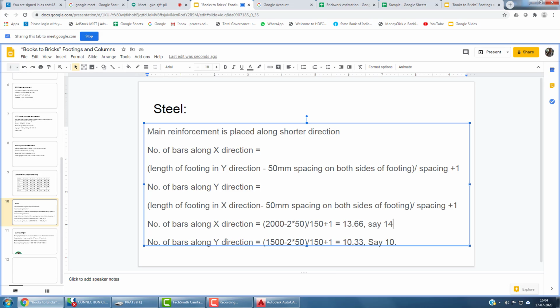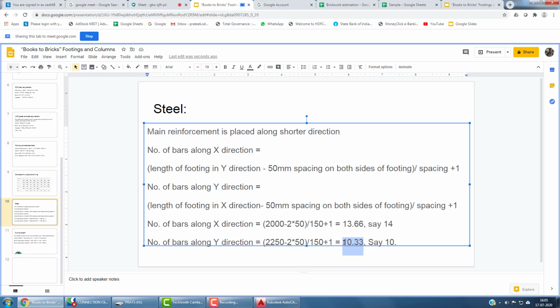Now, next, number of bars in Y direction. You have to remember in your head that when I am coming to number of bars in some direction, I have to take the length in the opposite direction. So for number of bars in Y direction, I have to take length in X direction. What is my X direction length? 2.25.